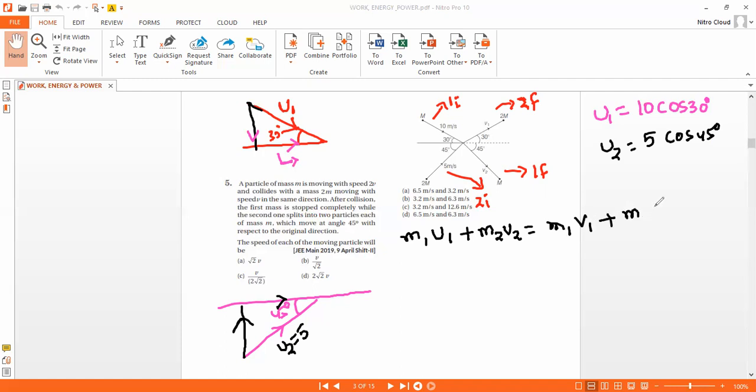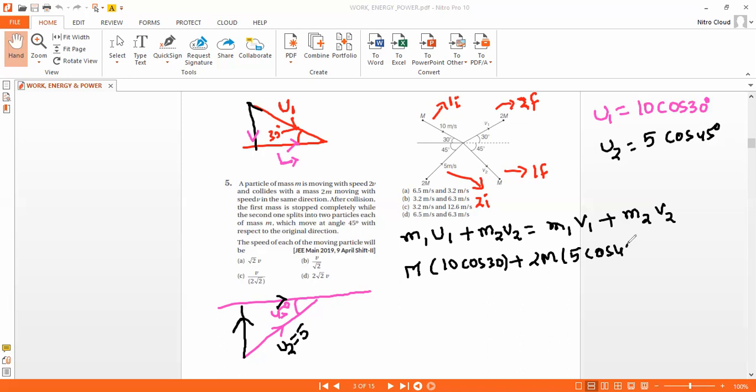So m1 times 10 cos 30 plus m2 times 5 cos 45. m1 they gave as m, so I will substitute that is m, and m2 is 2m.